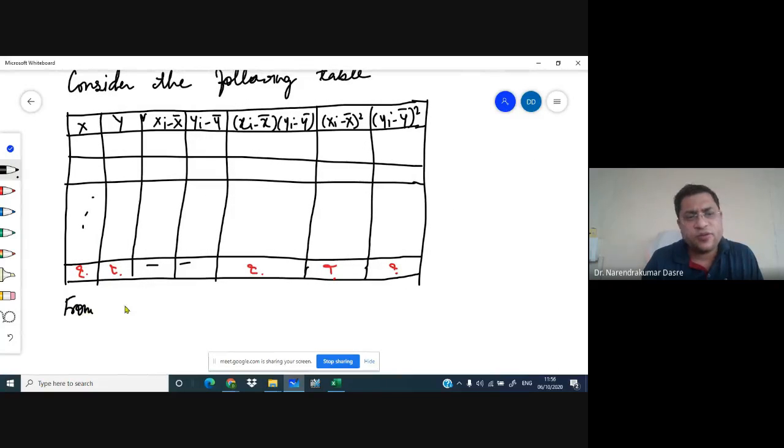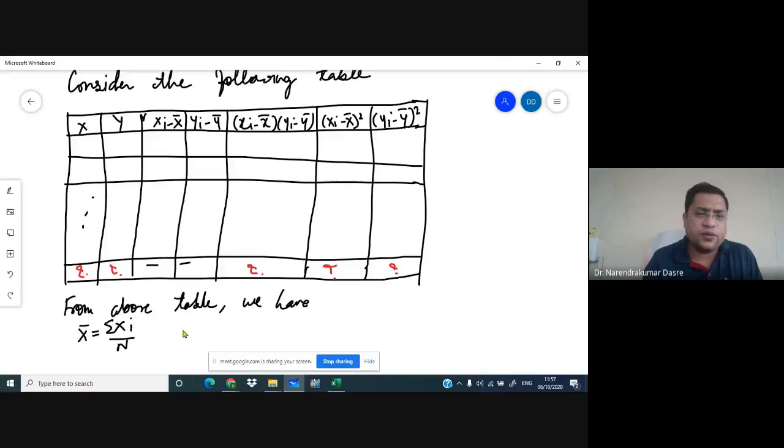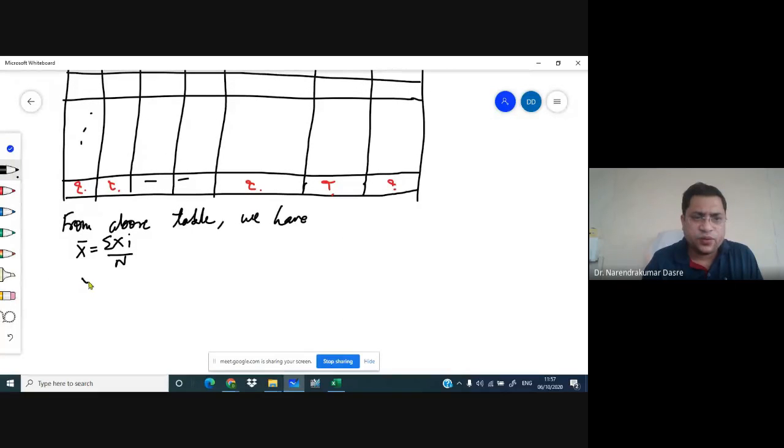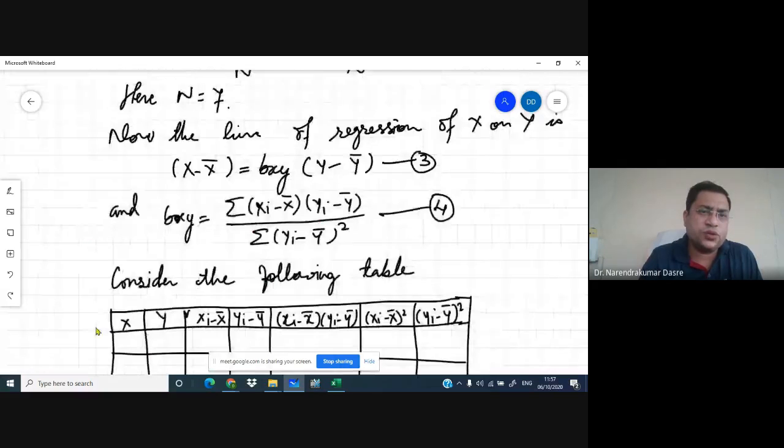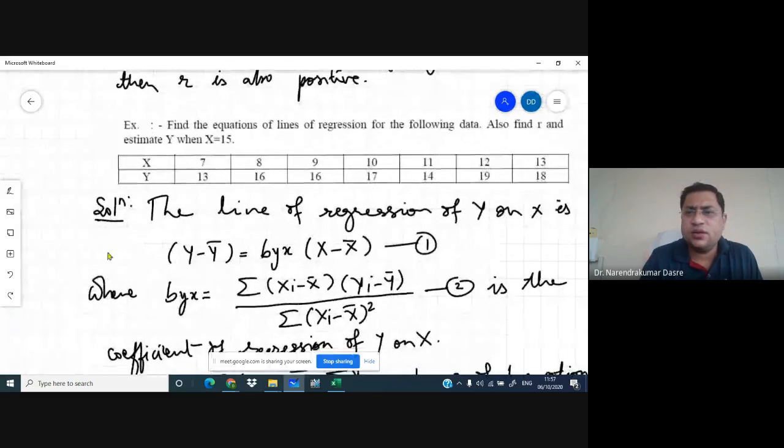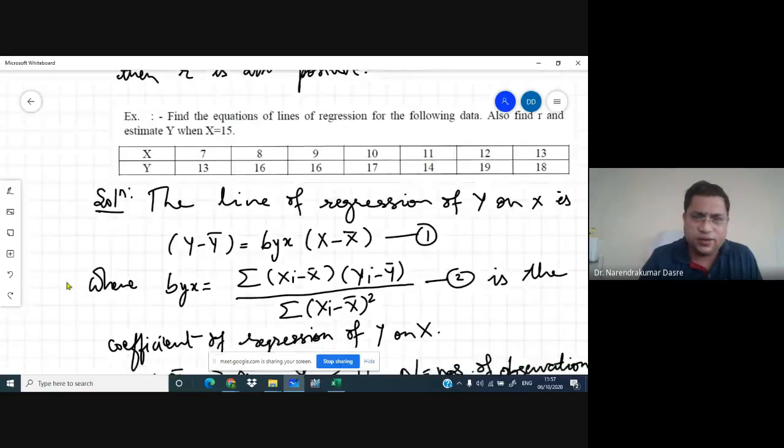So we can write from the above table, x bar is equal to summation xi upon n, and y bar is equal to summation yi upon n. So here in this case it's going to be divided by 7, n is 7. Now I want you to write down these values: 7, 8, 9, 10, 11, 12, 13.